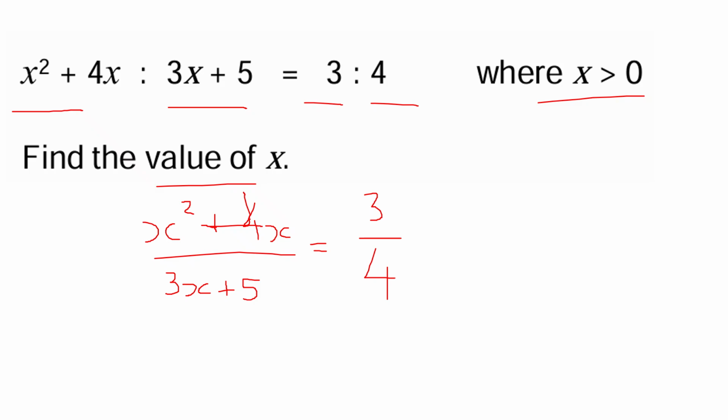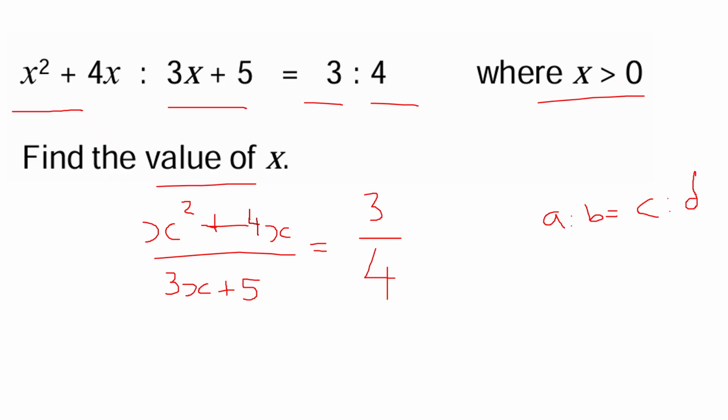So if I have A to B equal to the ratio C to D, then A over B has to equal C over D. That is the fact to learn and remember. There's not really a way to prove it, it's just a fact to remember.